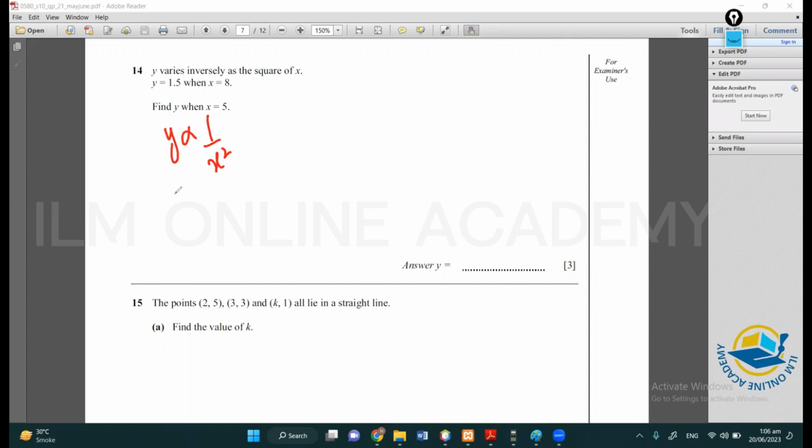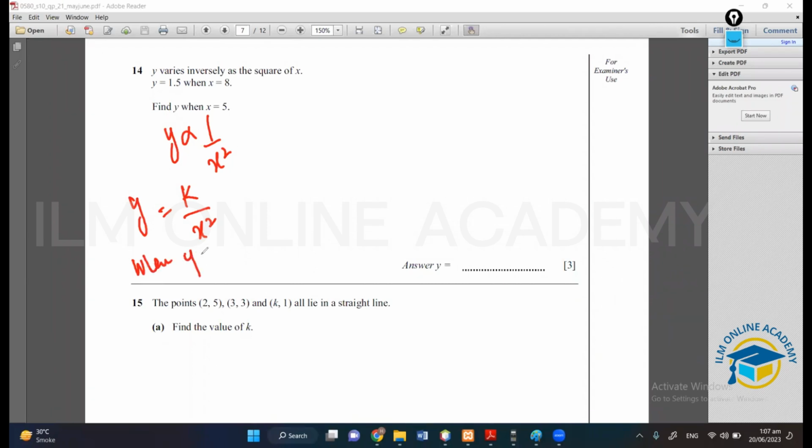If we slightly think about the topic variation, we know that this is the sign of proportionality. So we can write it like y equals k over x square, because whenever we remove the sign of proportionality, the equals sign and always a constant comes here.